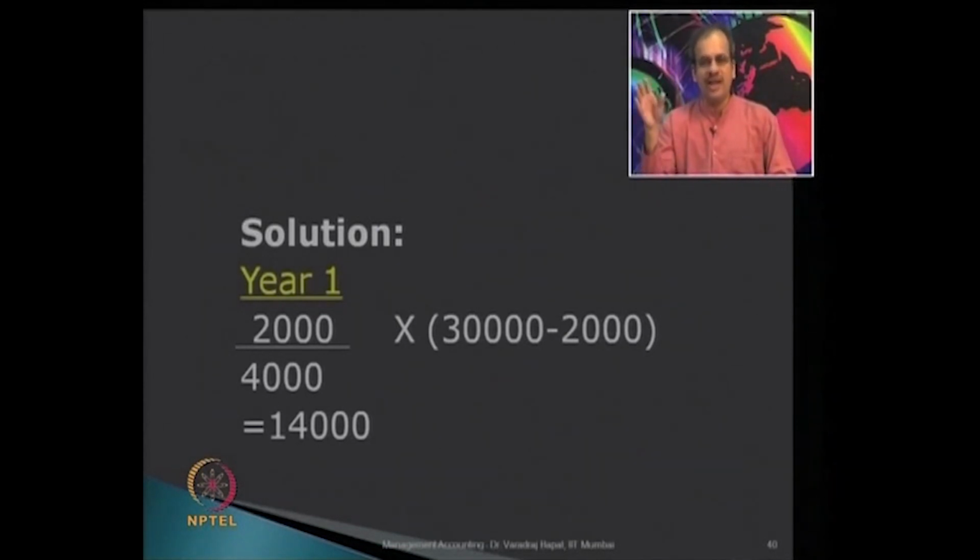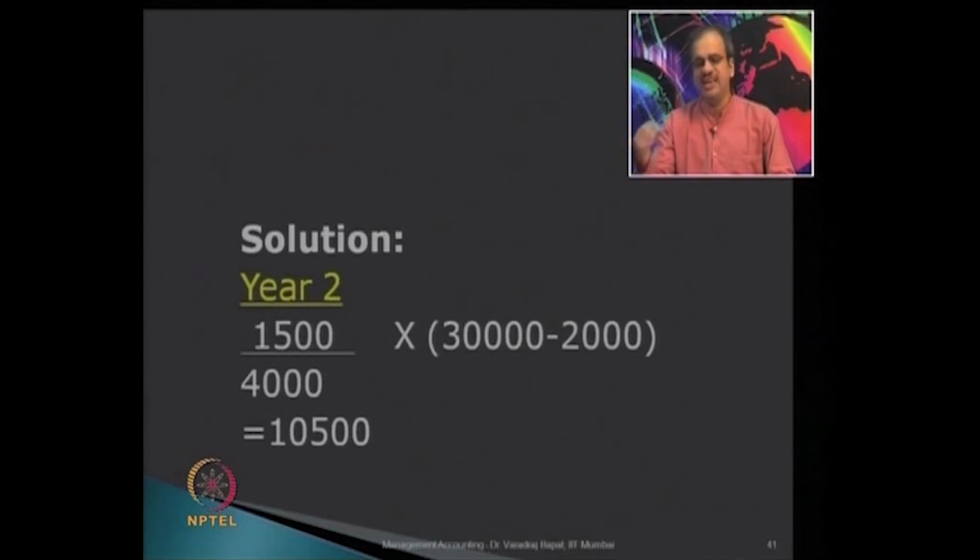Now, you already know that the rate is 7 rupees per unit, 7 into 2,000 you can calculate, it will come to 14,000, or the way it is calculated here, you can take 2,000 upon 4,000 into 30,000 minus 2,000, that is 28,000. In year 2, the use is 1,500. So, the depreciation charge becomes 10,500.